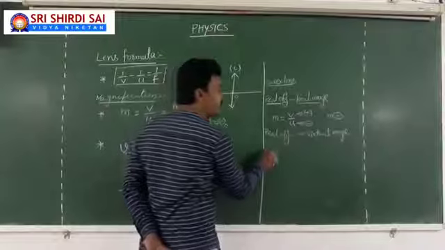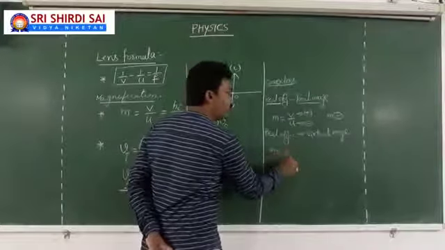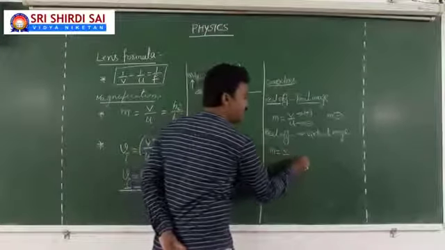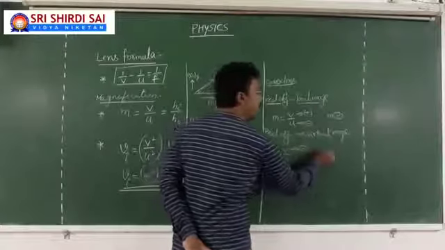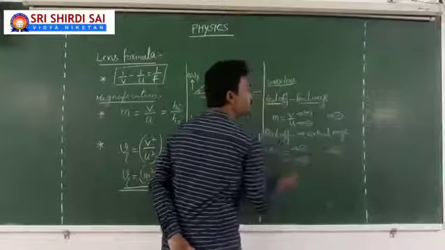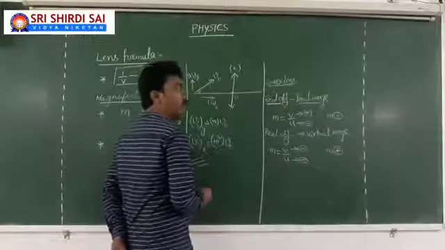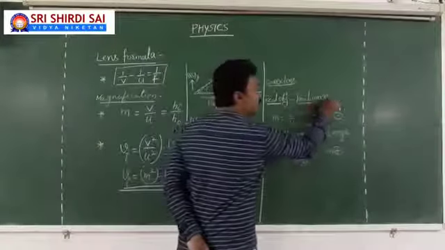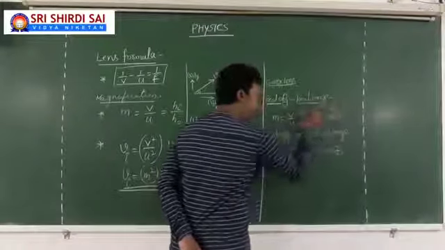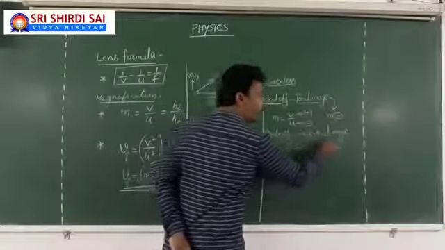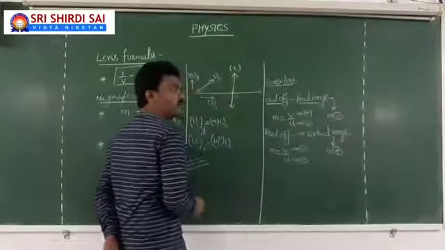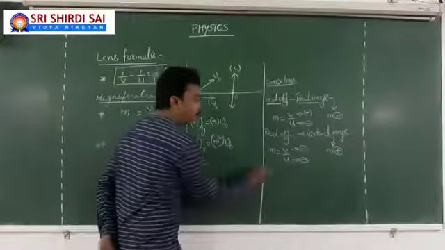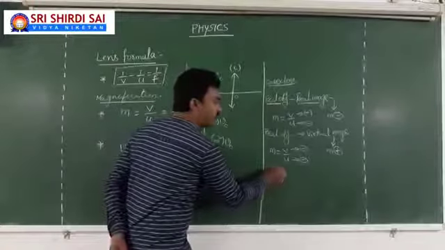In that situation, m = v/u, where the real object distance is negative and the virtual image distance is also negative, so the magnification will be positive. So if you come across a real image, its magnification will be negative. If you come across a virtual image, its magnification will be positive. You may get one doubt: what about a concave lens?